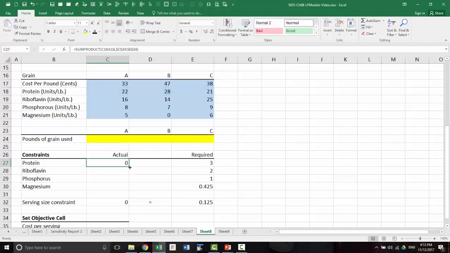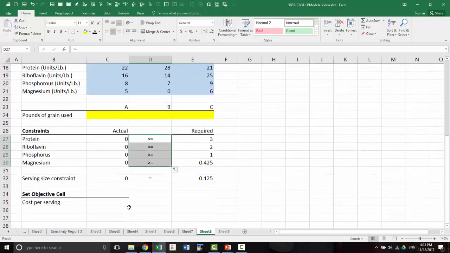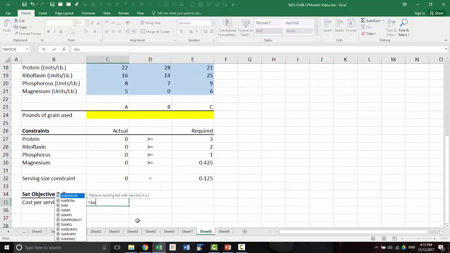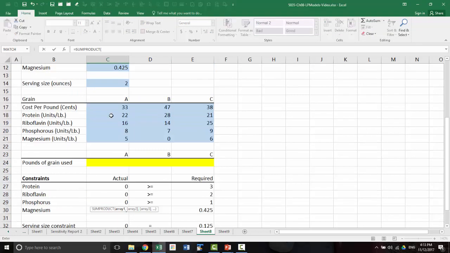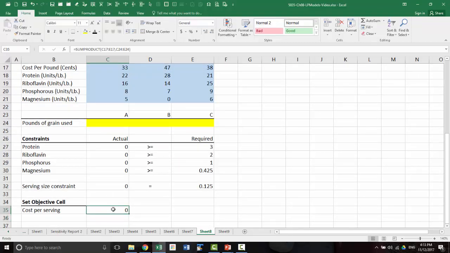Now that should be greater than or equal to, since these are minimum required levels. Now cost per serving is the sumproduct of cost per pound with how many pounds of the grain that we use, and that's the objective function.